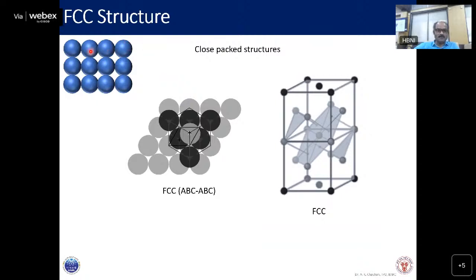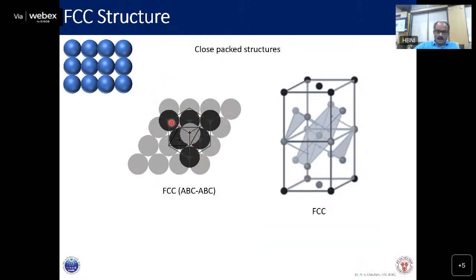Then what we can do, we can put that sphere here at this point, another sphere at this point, another sphere at this point, and so on. If in this way we can keep on making this structure, we can have a closely packed structure.